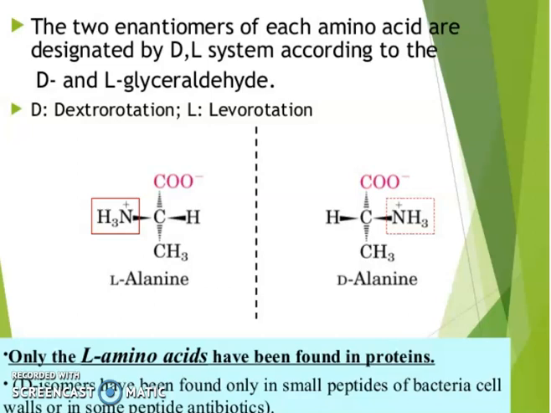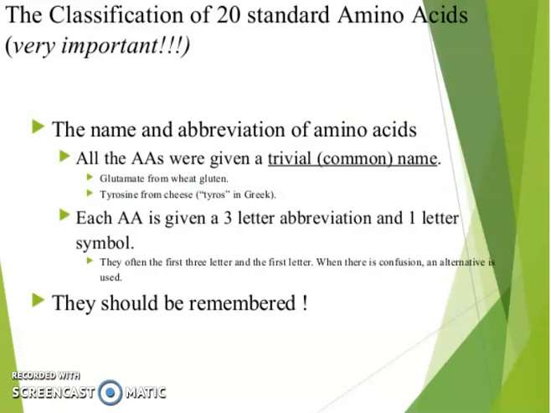The two enantiomers of each amino acid are designated by the DL system, according to D- and L-glyceraldehyde, dextrorotatory and levorotatory: L-alanine and D-alanine. Only L-amino acids have been found in proteins. D isomers have been found only in small peptides of bacterial cell walls, or in some peptide antibiotics.